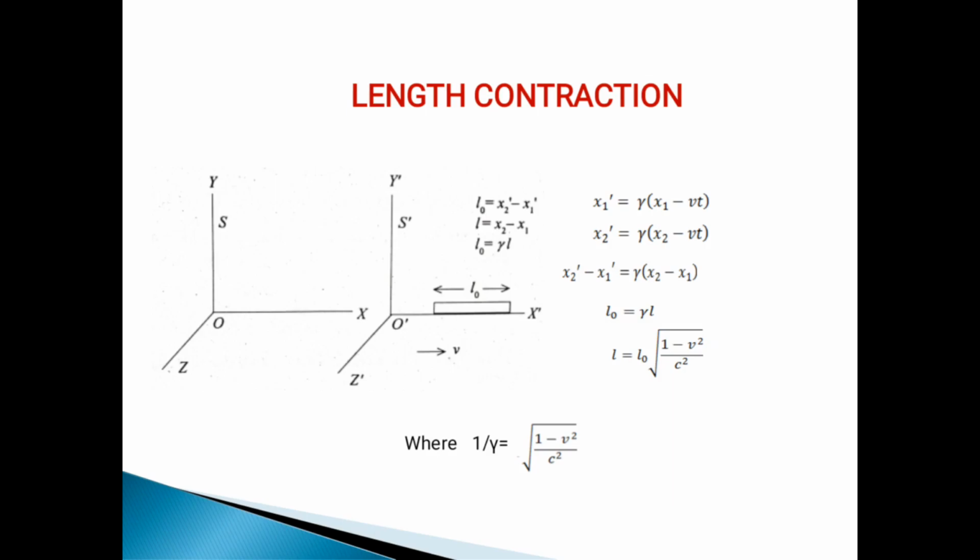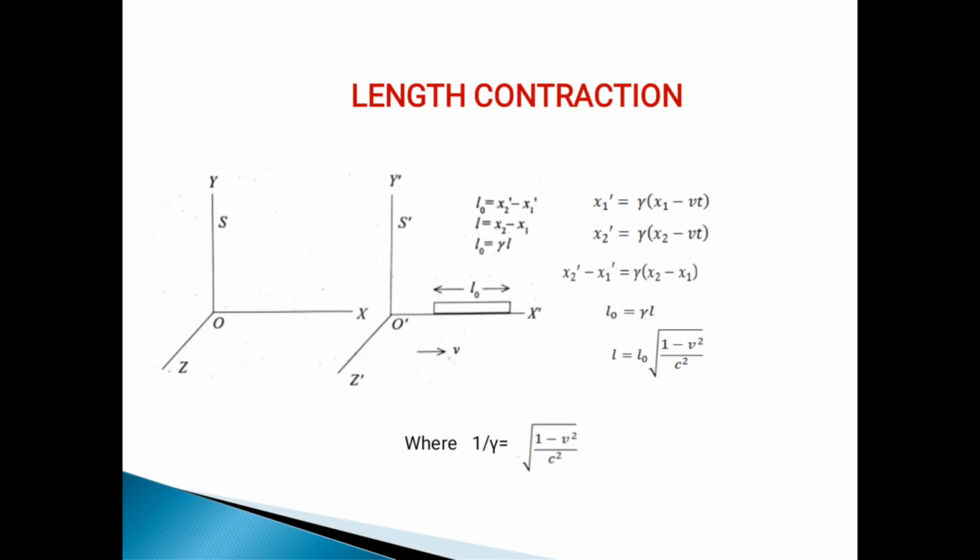In order to measure the length of an object in motion relative to an observer, the positions of the two endpoints must be recorded simultaneously. Consider two coordinate systems S and S prime with their x-axes coinciding at time t equal to 0, S prime moving with uniform relative velocity v with respect to S in the positive x direction.